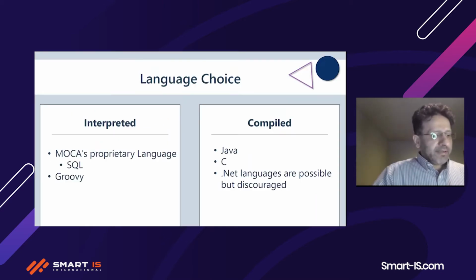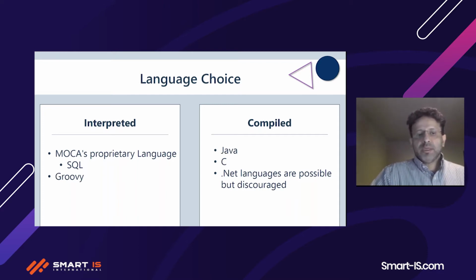So next, if we are going to do any development activity, what are the choices I have in terms of language that I would speak to BlueYonder? You generally have two domains: the interpreted languages domain and the compiled languages domain. In terms of interpreted, Mocha has its own proprietary language, which is available and works very nicely with SQL embedded inside it.